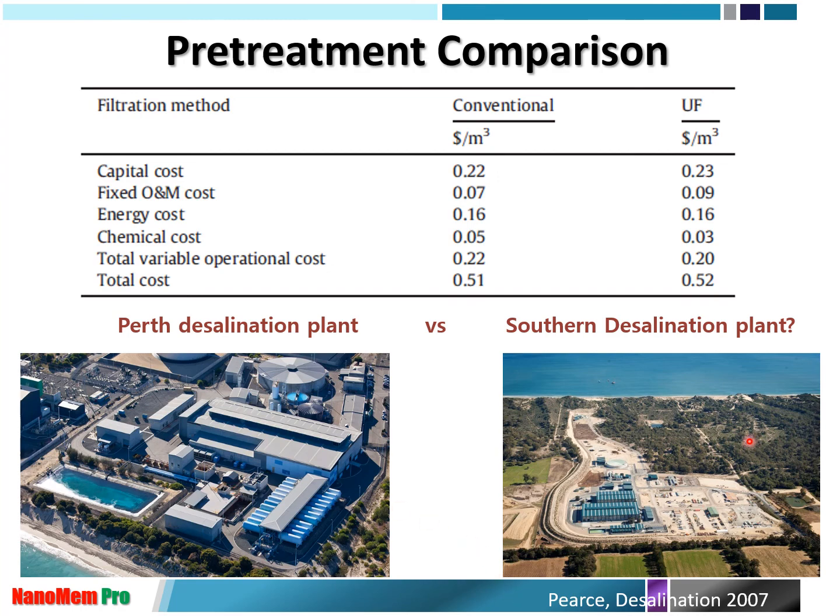So this Southern desalination plant was developed much later than this Perth desalination plant, so that they have operated the advanced water filtration, ultrafiltration.